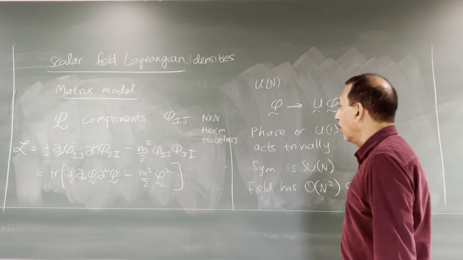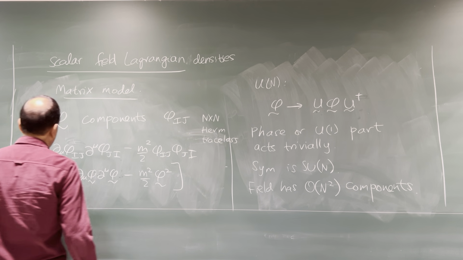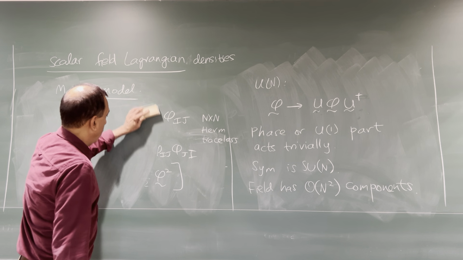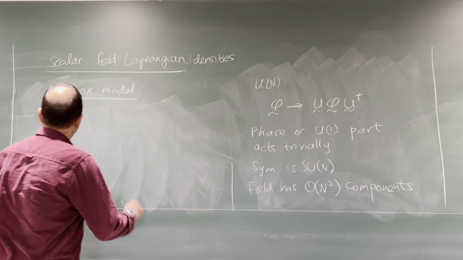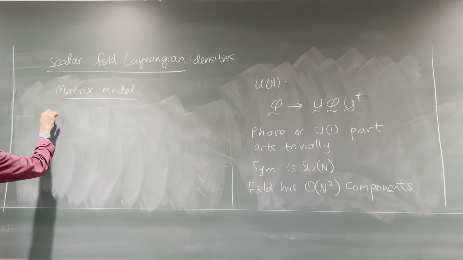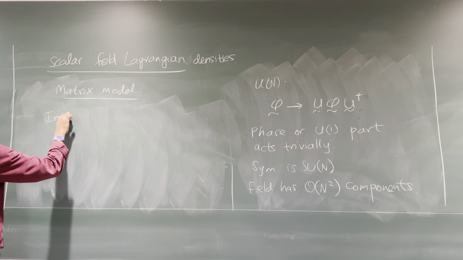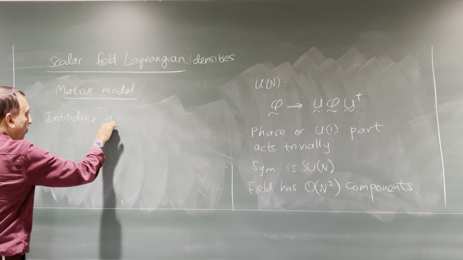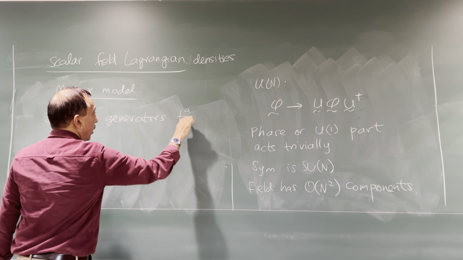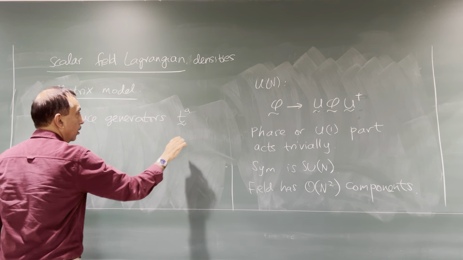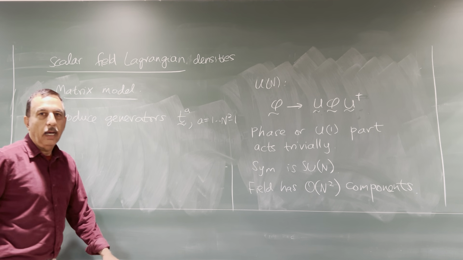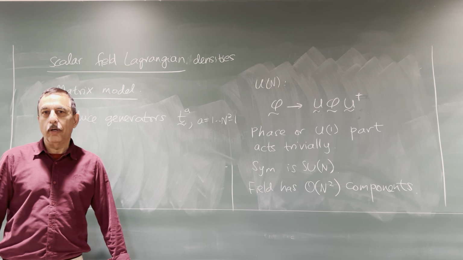Okay. 1 or 2 simplifying things. Instead of writing this as a matrix, there is a way to write it a bit more like a vector. So introduce generators T^A, these are also matrices, A equals 1 up to n squared minus 1, and that's the dimension of the group SU(n).